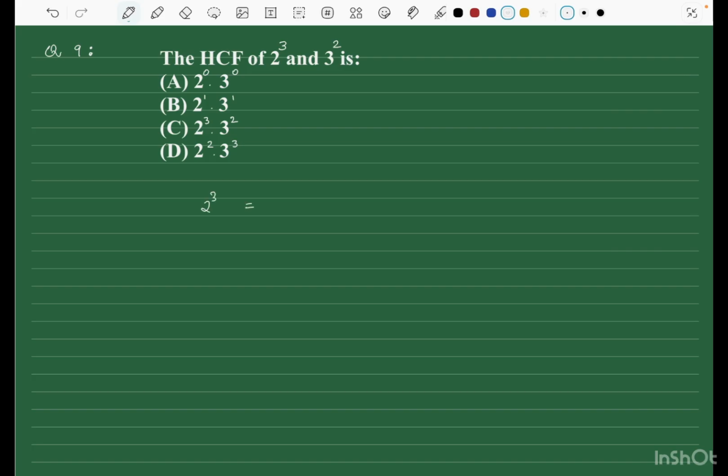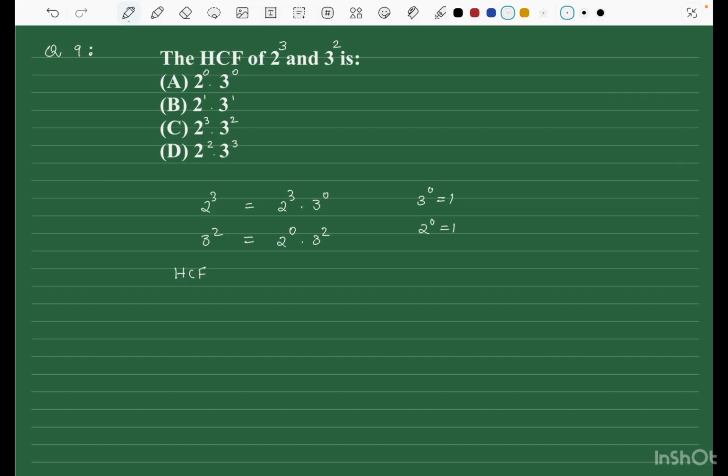2 raised to 3 can be written as 2 raised to 3 multiplied by 3 raised to 0, since there is no factor of 3. In 3 raised to 2 there is no factor of 2, so we can write 2 raised to 0. Since 3 raised to 0 is 1 and 2 raised to 0 is 1, we can write its powers of 0.